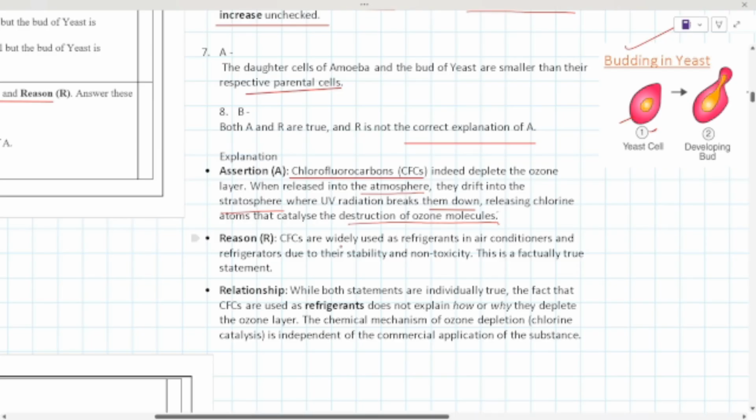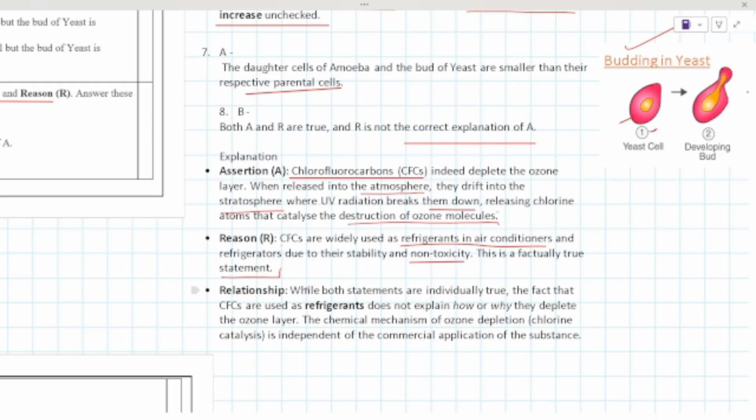This is the assertion. Now let's see the reason. CFCs are widely used as refrigerants, in air conditioners and refrigerators due to their stability and non-toxicity. This is factually true. Now let's see their relation.